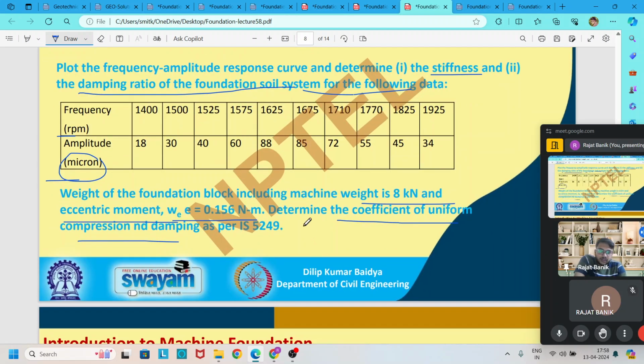For this, one data is missing, which is the size of the footing, 1.4 meter by 4 meter. So you have to use it to find the stiffness of the system.